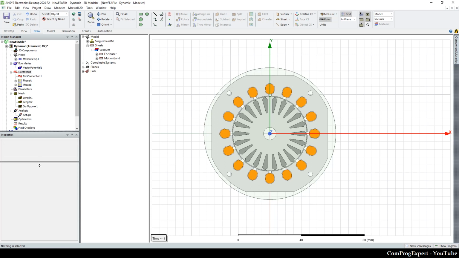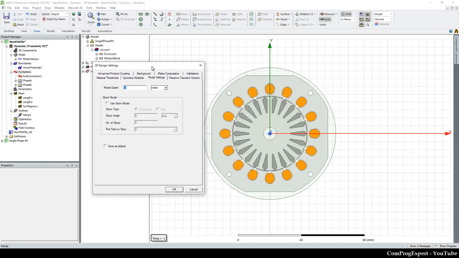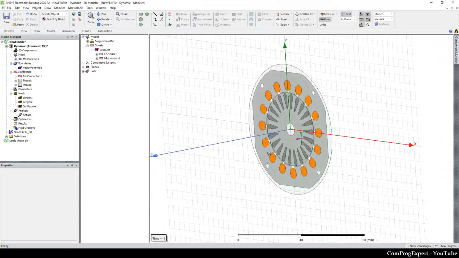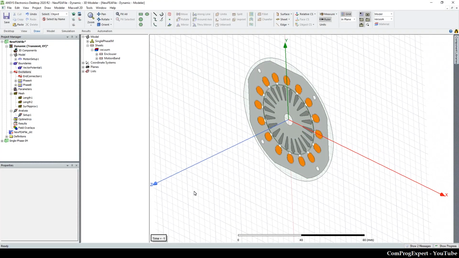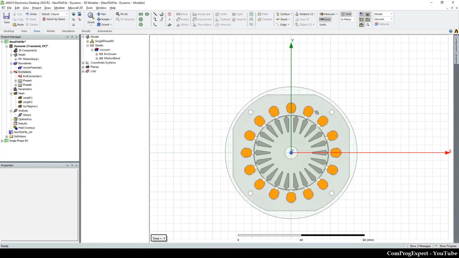Okay. So now let's set the model settings. Actually, in the ANSYS Maxwell software, when we do two-dimensional simulations, the depth of the problem is 1 meter. So we should set the stack lengths, right?